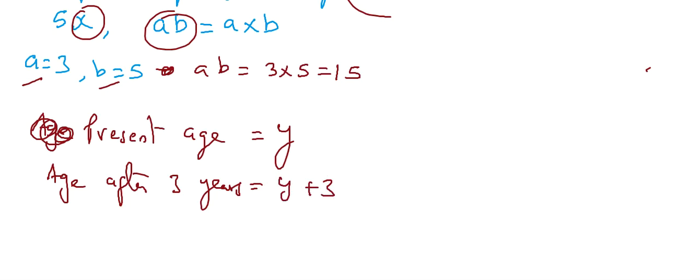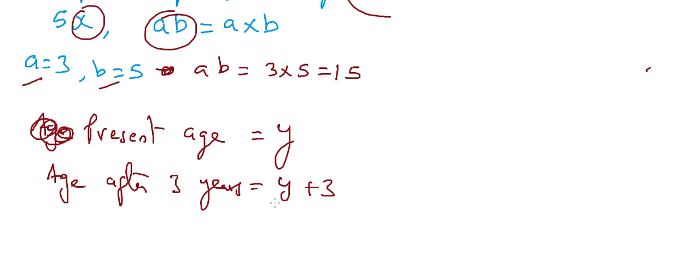So for example, your age is say 12 now. If your age is 12, then the value of y is 12. Then your age after 3 years will be 12 plus 3, 15. Suppose your age is say 14.